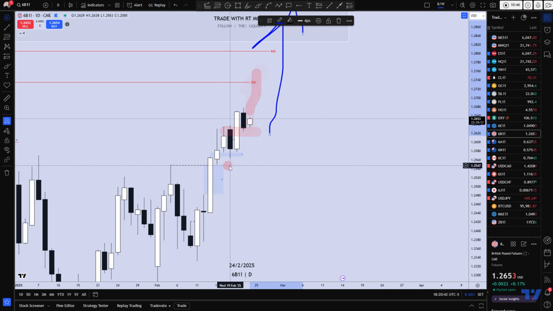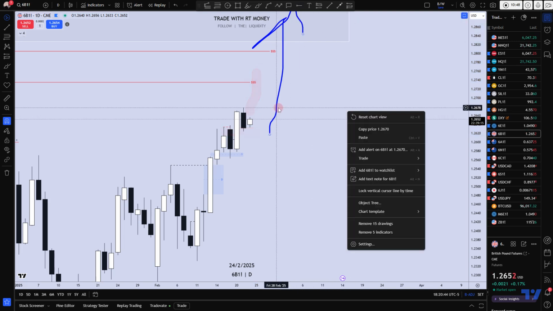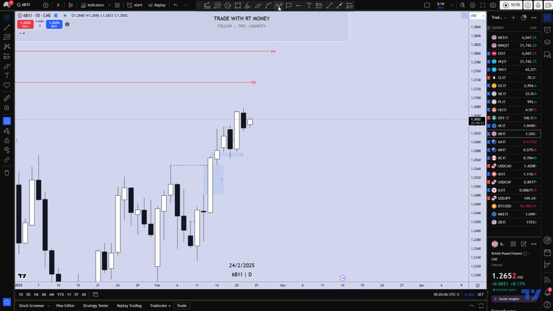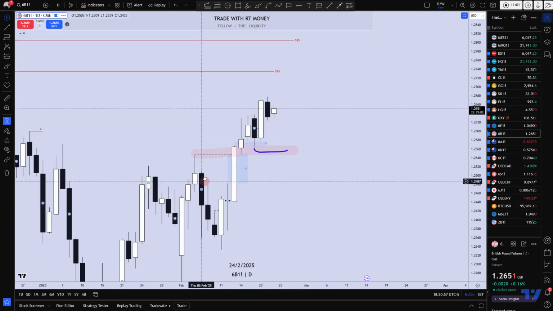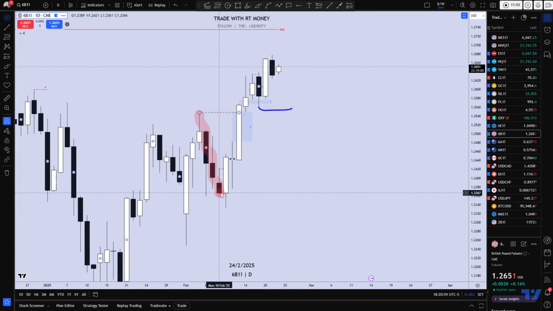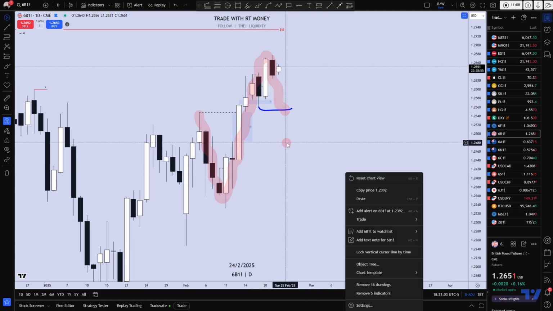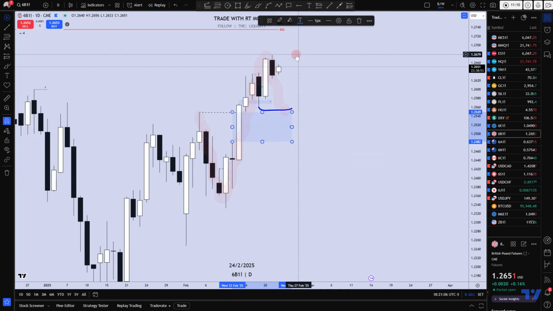All right. If price stays above this line, this low, that'd be great. If it doesn't, and it comes back into the breakout area here, which is the sell before the buy, I believe this will be a high probability trade to the upside.